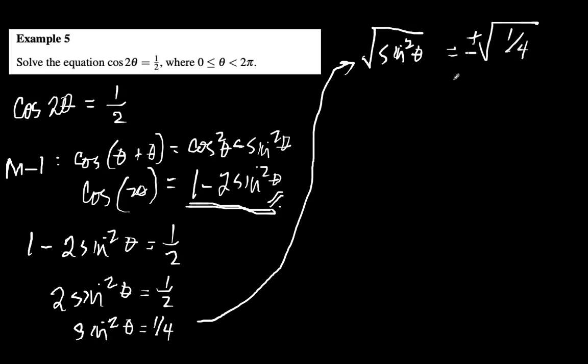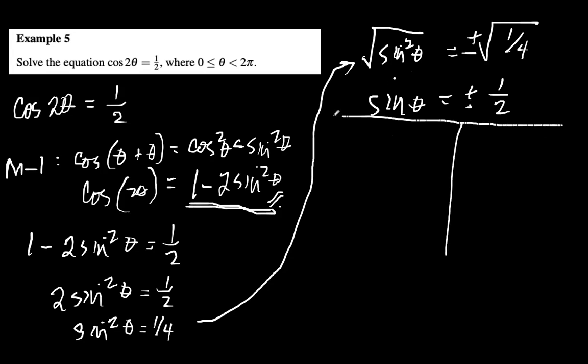Don't forget the positive and negative sign since we're taking the square root on both sides. So sine theta equals positive and negative 1/2. Since there are two possible values for sine theta, sine theta is equal to 1/2, and the other one is sine theta is equal to negative 1/2.